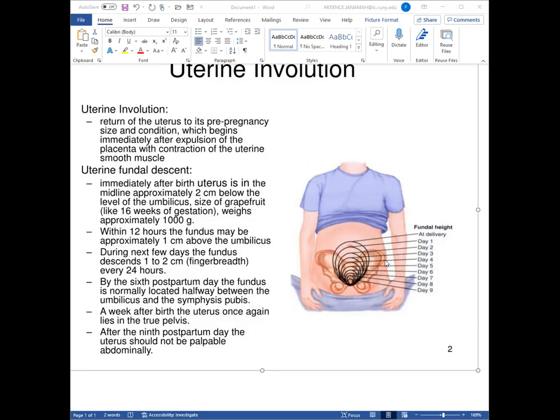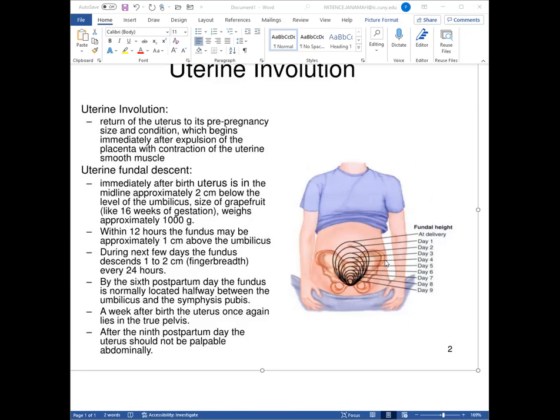You can no longer feel it. A flaccid fundus indicates uterine atony and should be massaged until it's firm. So when your uterus is still flaccid, and you are able to palpate it, you have to massage it until it becomes firm.